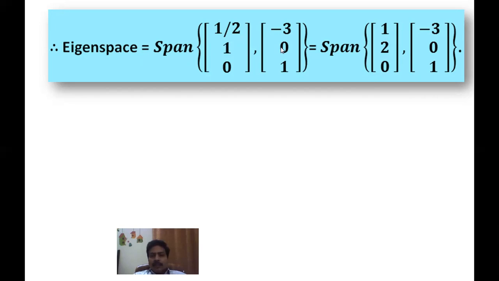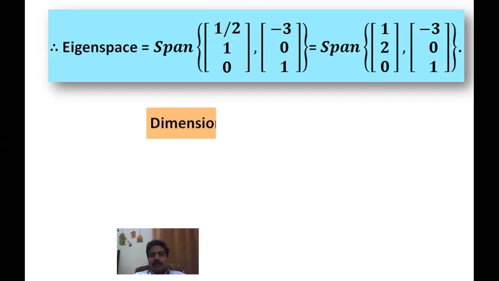Though the vectors are different, the set spanned by these vectors is the same, since any vector produced by these two vectors can also be produced by these two. A vector which is a linear combination of these two vectors can also be represented as a linear combination of those two vectors. So both are the same.